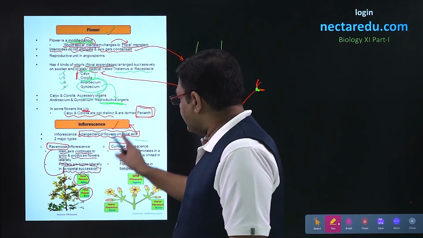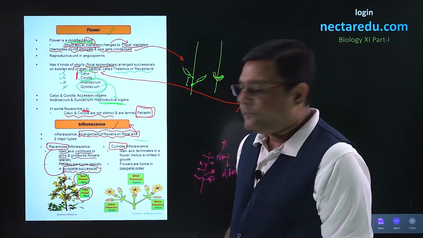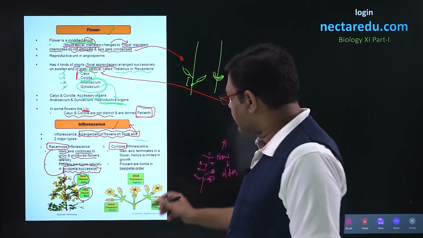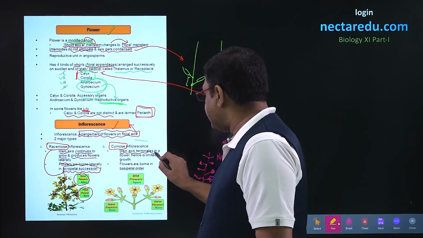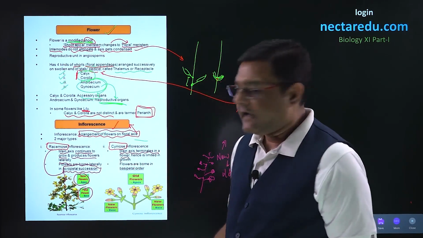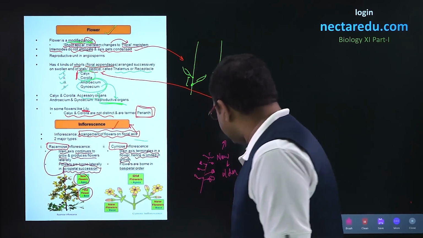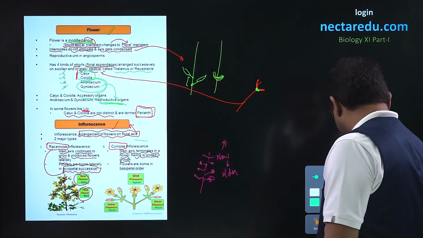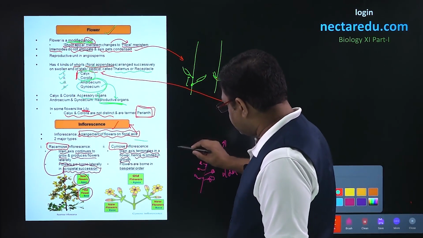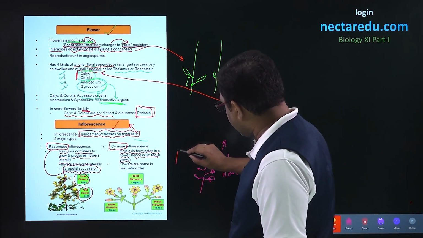The second is the cymose inflorescence. In the case of cymose inflorescence, the main axis will terminate in a flower, and that is, there will be limited growth. Let us assume that this is the axis.